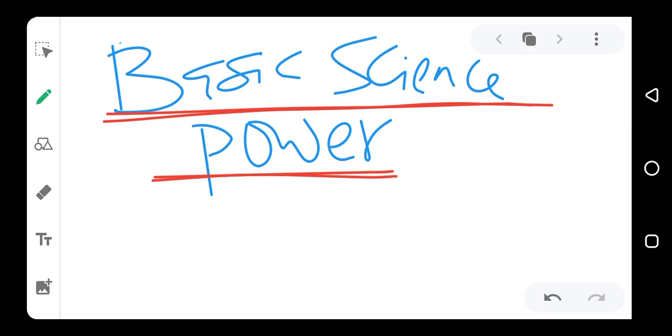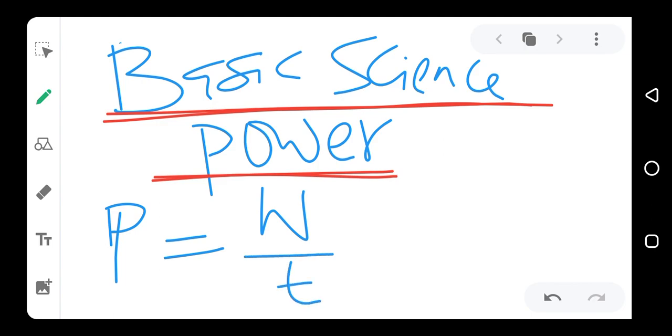So the mathematical expression, or the formula, for power is equal to work, which is W, over time. Power is equal to W over time. And we know that the unit of work is what? Joules.